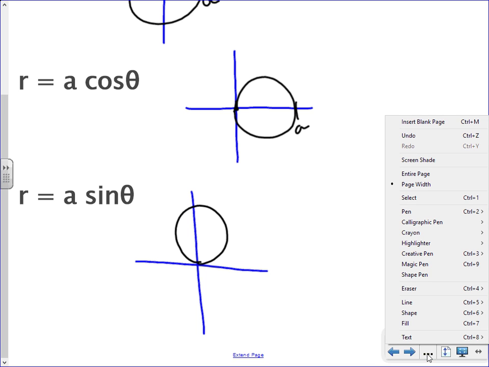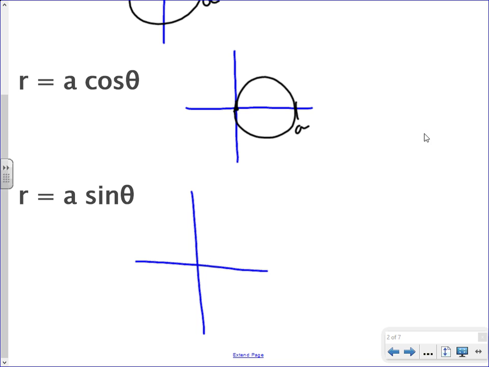I'm sorry. It goes through the pole with a diameter of A. If we had a circle that was below the pole, what would be different about our equation? A would be negative.